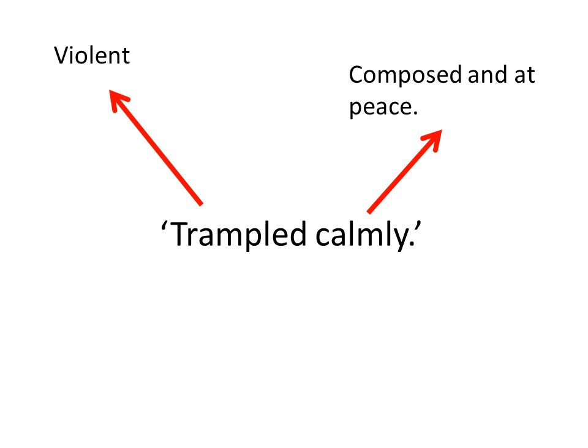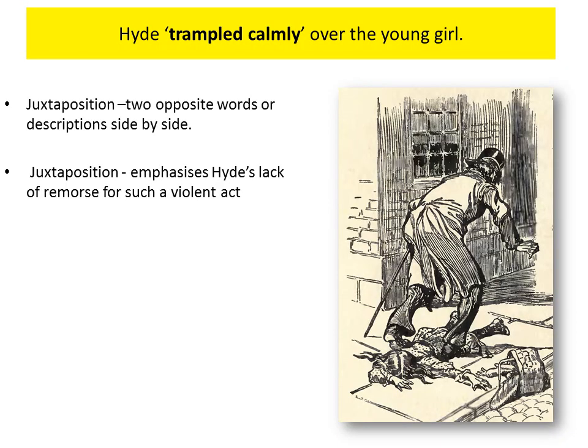You would probably feel desperately upset and very apologetic. So Hyde's sense of composure and calm is indicative of his lack of remorse for this violent attack. So this use of juxtaposition emphasizes Hyde's lack of remorse for such a violent act.